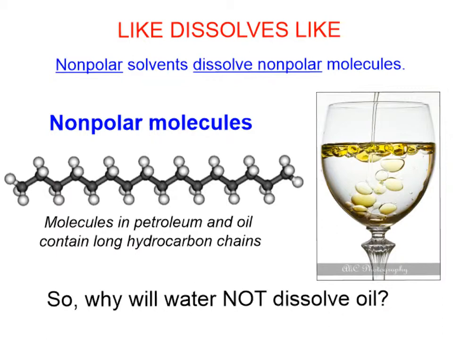Because this chain is even and uniform all the way around, even though the hydrogens are maybe slightly positive and the carbons slightly negative, they're pulling those electrons evenly and distributing that charge evenly. So it is not polar, it's not sided.